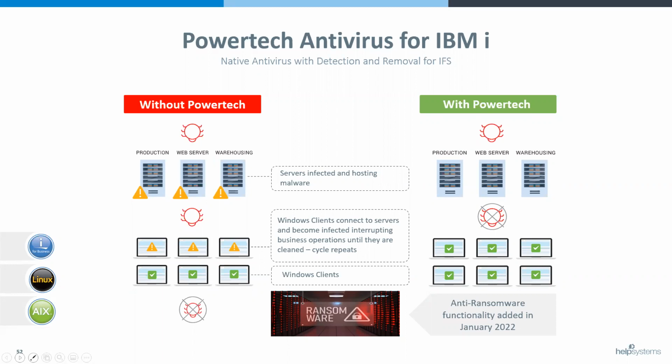Yes, it's important. What we do is we run natively on IBM i, AIX, and Linux, and we go out and get the DAT files from our relationship with McAfee, and then we scan the operating system. IBM i, the operating system, doesn't get viruses, but the IFS maintains or stores them.